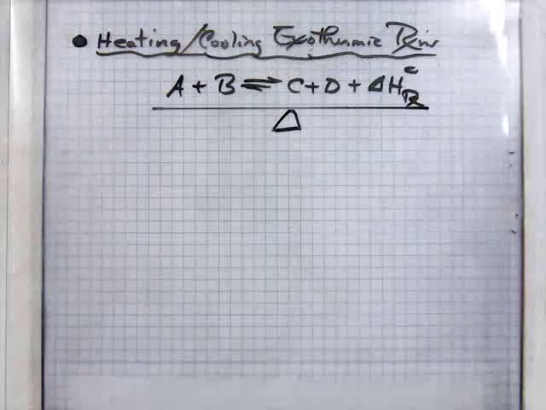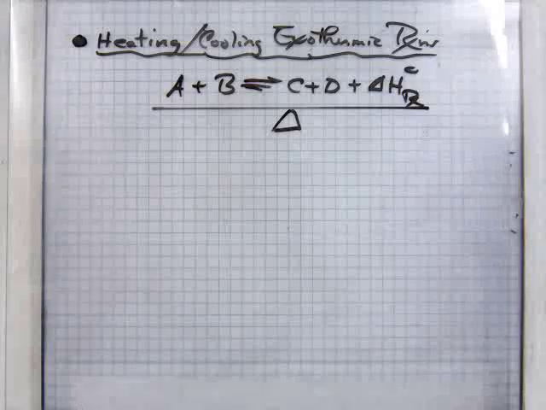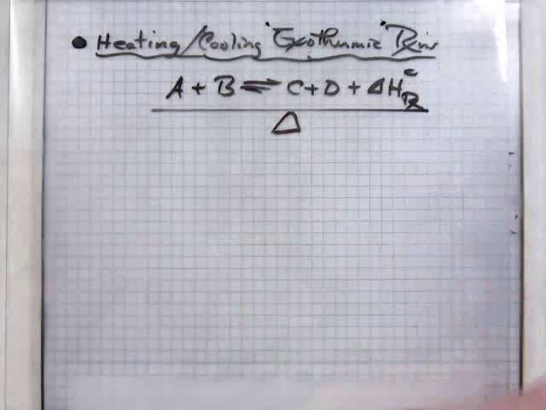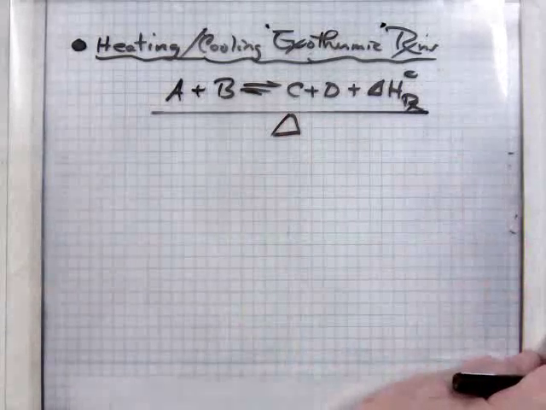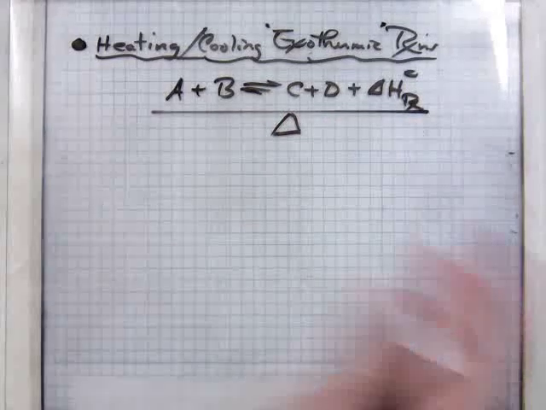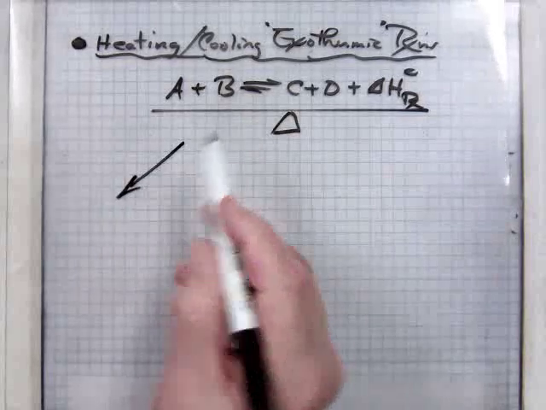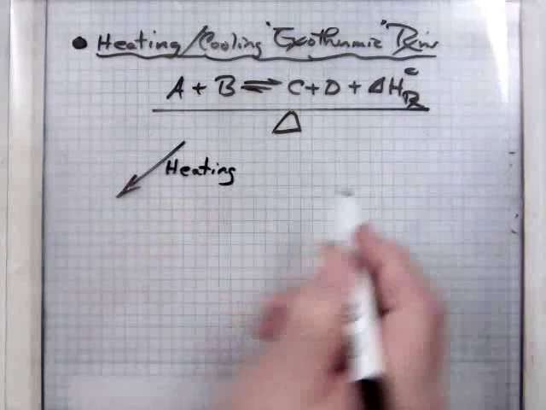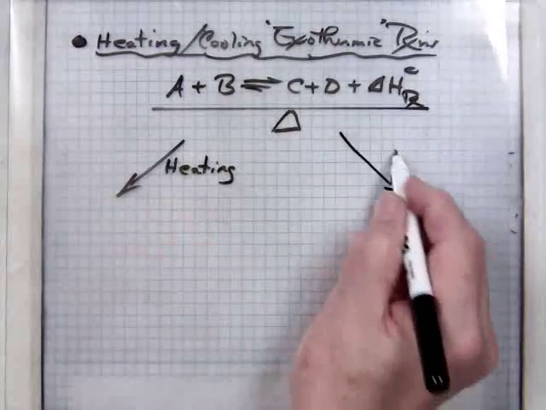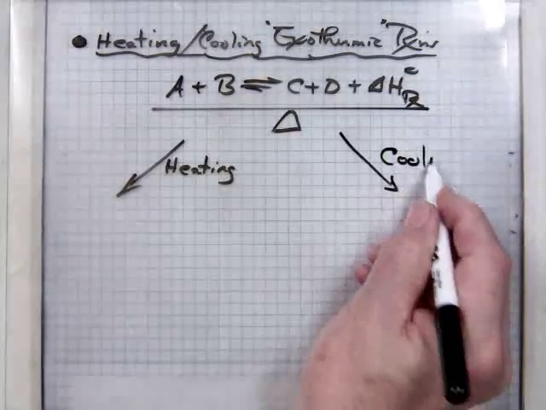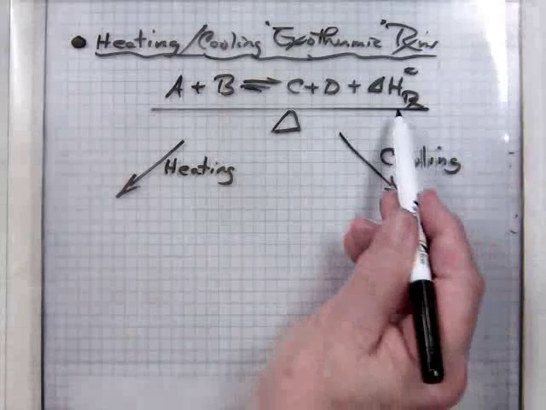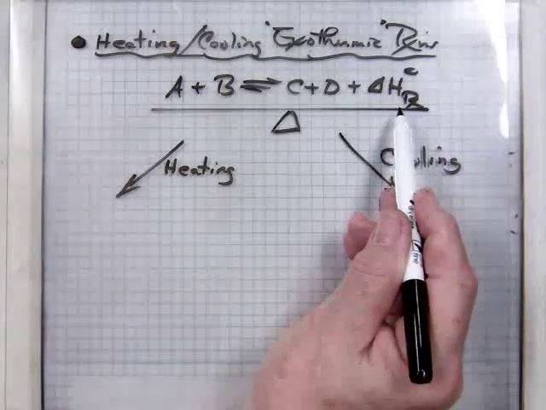So here's our hypothetical reaction, and for an exothermic reaction, we see the delta H number located on the right side of the equation. Then we ask ourselves, well, what happens if we heat this? What happens if we cool the reaction system? If we're heating, it's going to add weight to that delta H number.